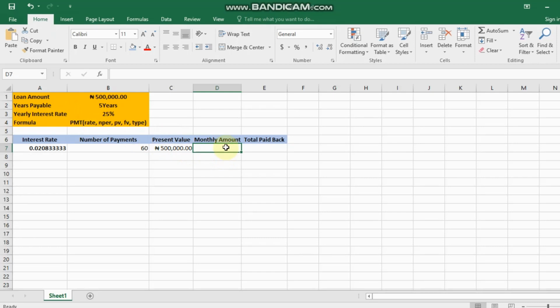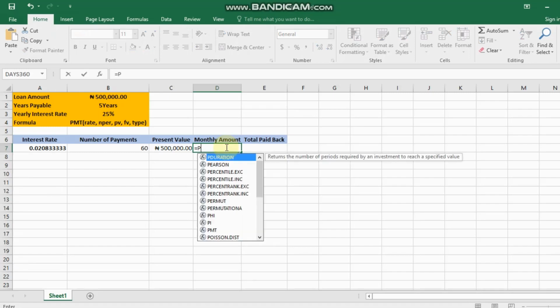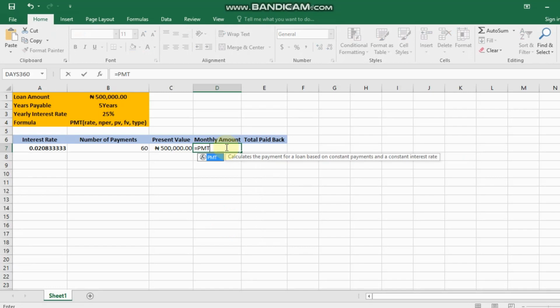Inputting the formula, we have our equal sign, we have PMT. Instead of inputting rate, NPER and all that, what we just have to do is select our cells.